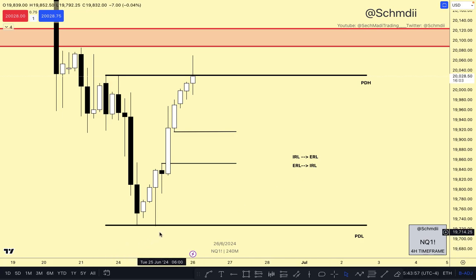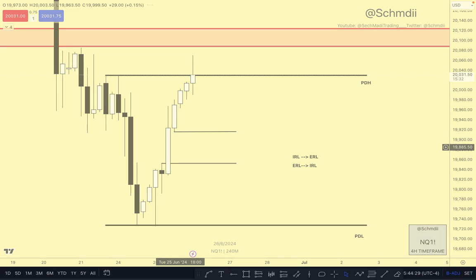By external range liquidity, I mean the stops that exist below the previous day's low and above the previous day's high. Internal range liquidity, I mean any PD arrays or swings that exist in between the range of that high and that low. In this instance, for me, any PD array, so either an order block or an imbalance here, right?